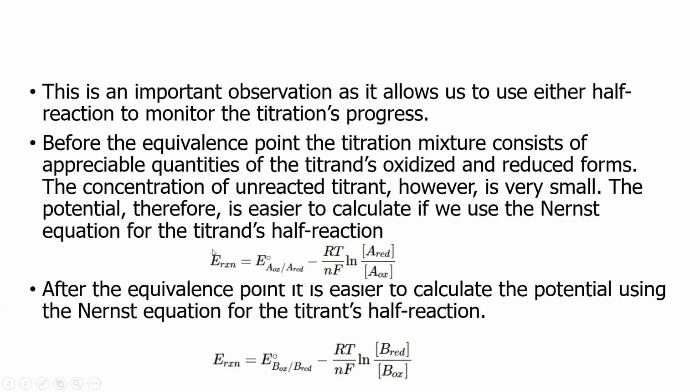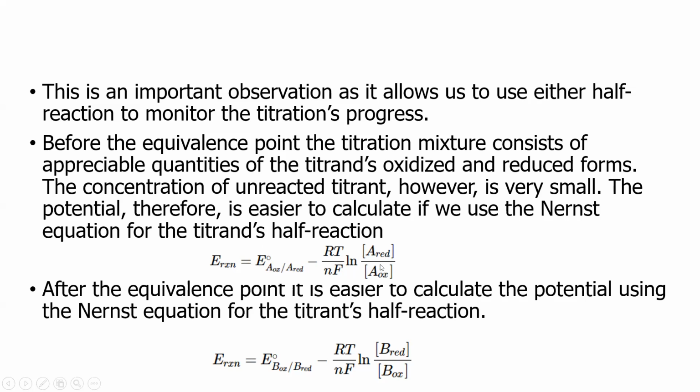So the next equation is given by this: the net reduction potential, the Nernst potential for the reaction, will be the standard potential of the reduction half equation for species A, minus RT over nF ln of the ratio of the reduced and oxidized concentrations.